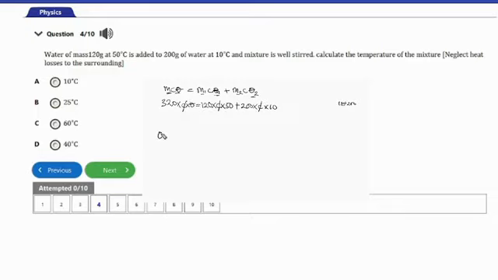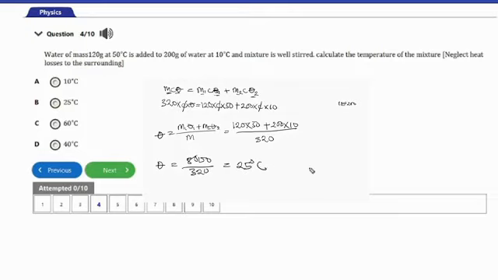So theta will be M1 theta 1 plus M2 theta 2 all over M. That's 120 times 50 plus 200 times 10 all over 320. When we solve this out, we have 6,000 plus 2,000 over 320, that's 8,000 over 320, and finally this gives us 25 degrees Celsius. That's option B here.